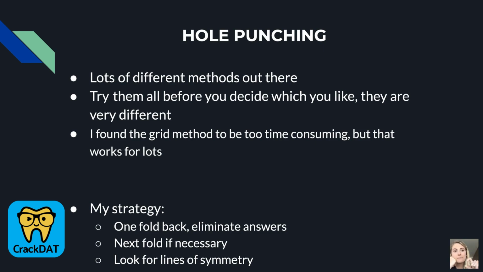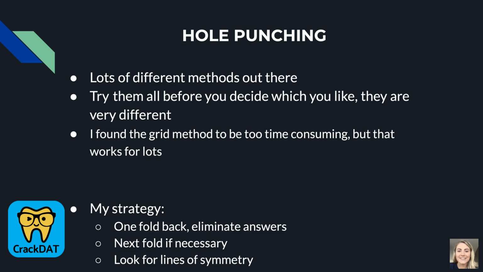You don't get a lot of laminated paper either, so I thought that would be a huge waste of time, and honestly, I didn't find it that helpful. But it does work for a lot of people. That's why it's a method that's suggested. So going through and making sure you try them all and figuring out which one works best for you is going to be the most ideal situation.